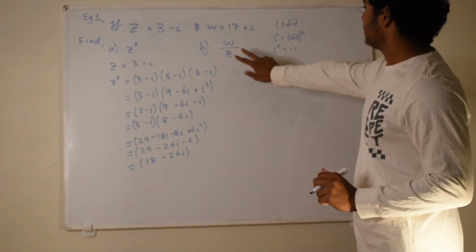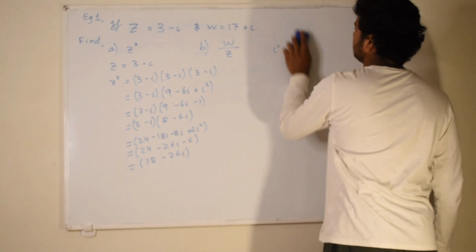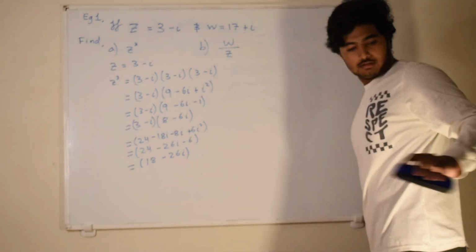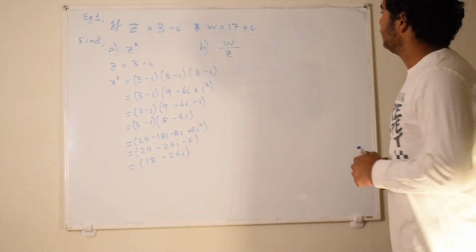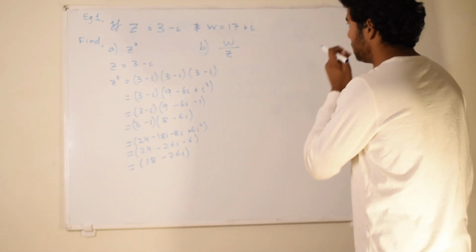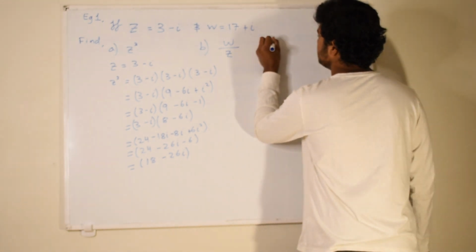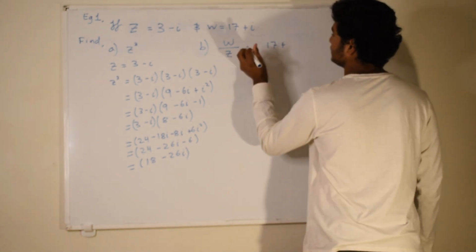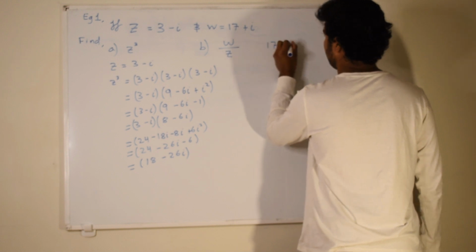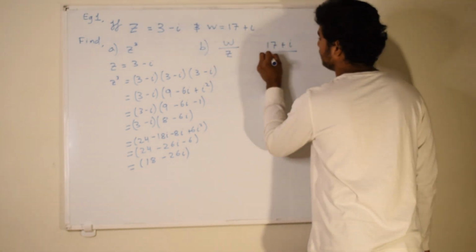Now we go on to the second part, which is B. Let me rub this out quickly. So for B, we've got w upon z. So to do this, we go 17 plus i upon 3 minus i.